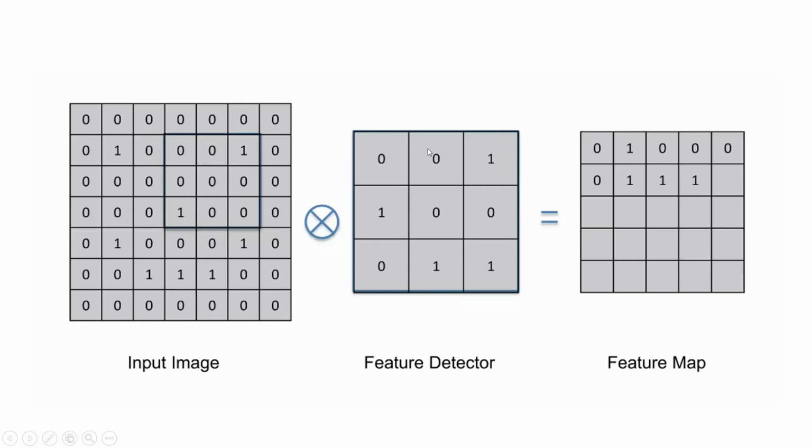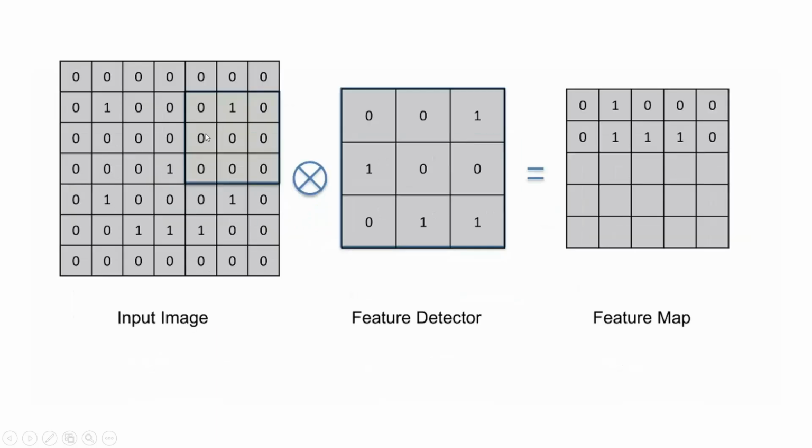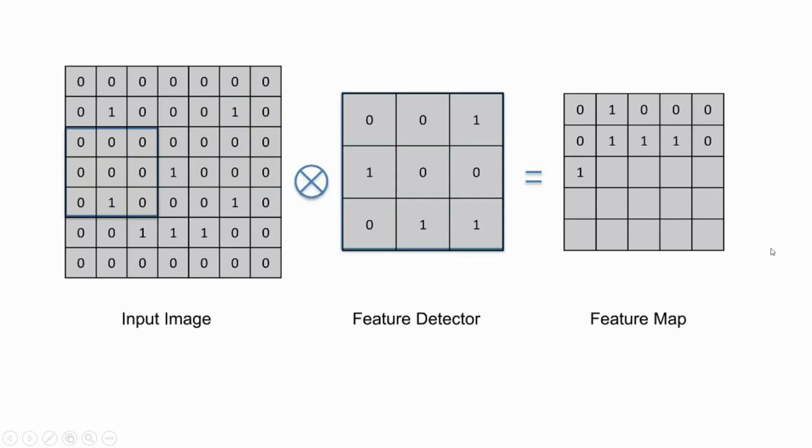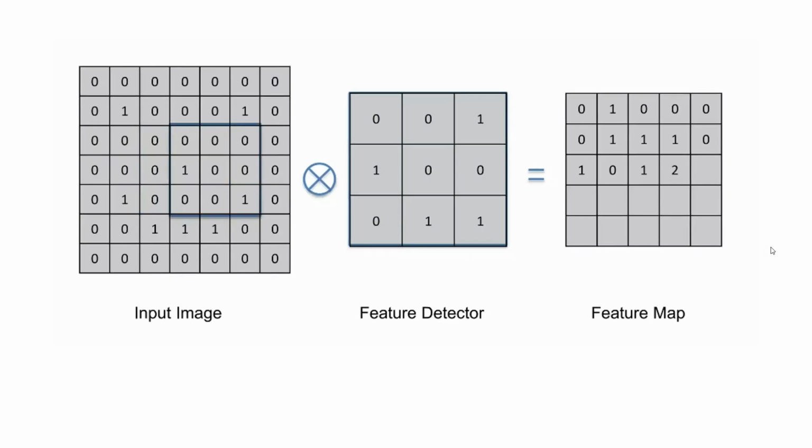Likewise, all the products will be added so that their sum will be generated as 1. So next, again the filter has moved one column further, and again the feature map is generated. So this process will be continued further until all the feature maps are generated.